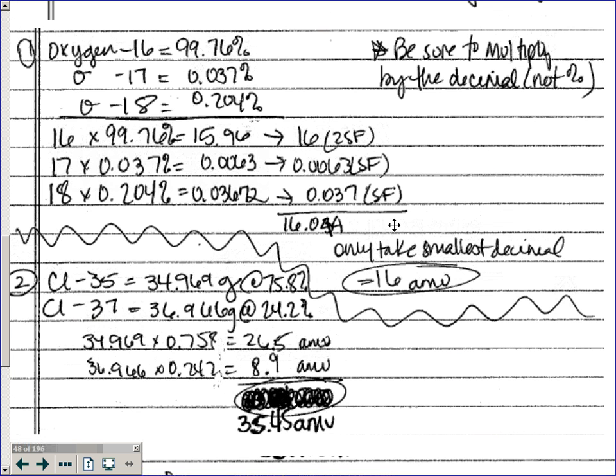So let me tell you the gist of it. The gist is you're going to take, and I want somebody else to tell me the gist of this. You have your isotope, right? You have, let's say, for example, number 2. You have 2 isotopes. Tell me your few steps you're supposed to take here. Austin, will you help me out there for number 2? Just take the mass, 10%, and multiply.